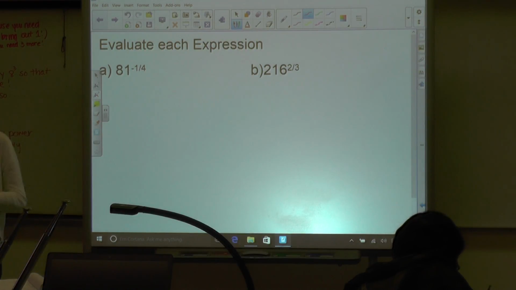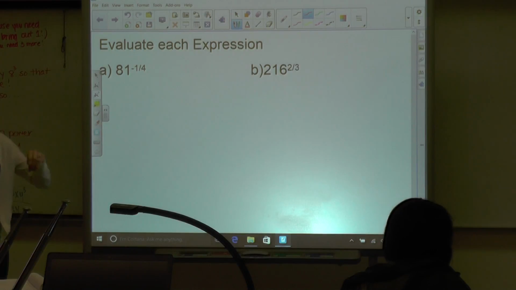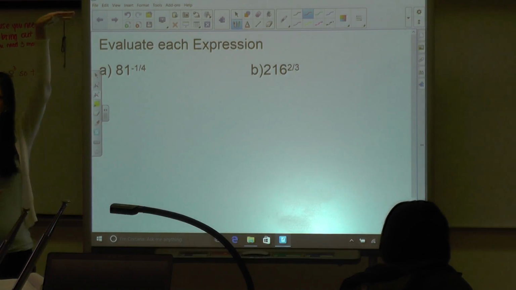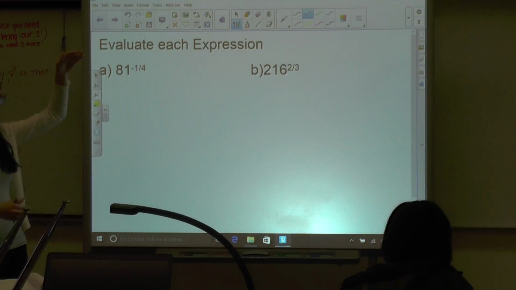What's the first thing that stands out to you? Negative sign. The negative. That was the first thing that stood out to me, there's a negative there, okay? And you can't have a negative anywhere. So the rule is if you have a negative on the top of a fraction, you bring it to the bottom. And if you have a negative on the bottom of the fraction, you take it to the top.